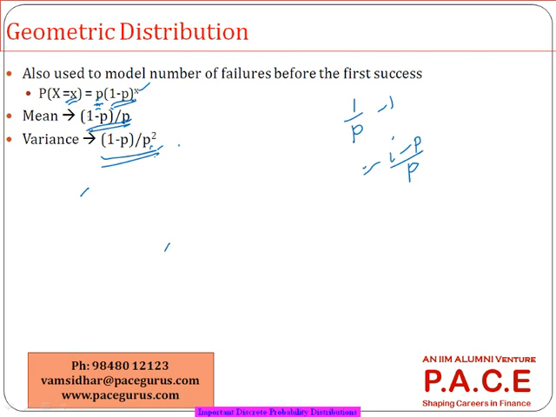All these formulas are there in your actuarial tables. But the only thing we have to remember is in what kind of question I need to use them. Because he will never say this is following a geometric distribution. He will not use those words.